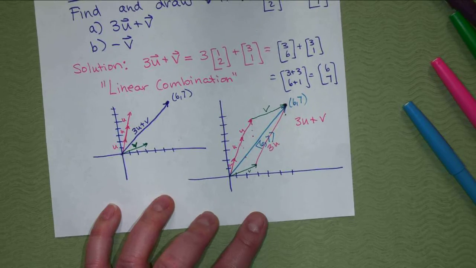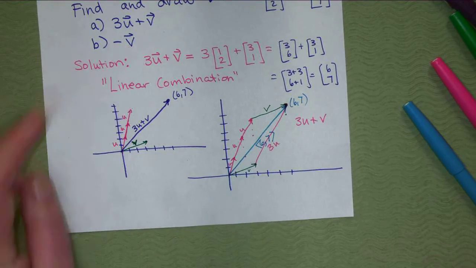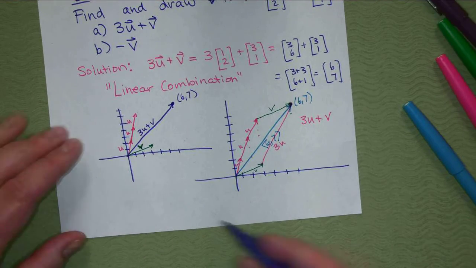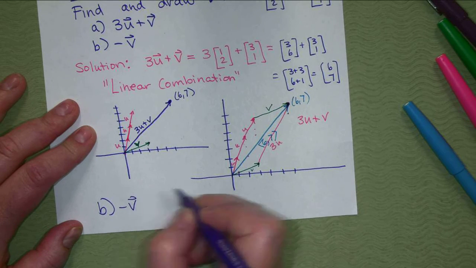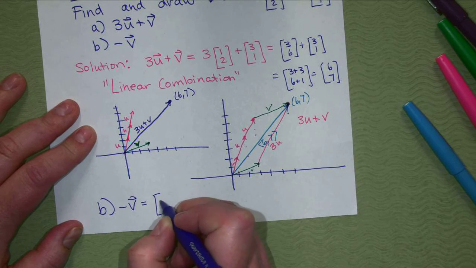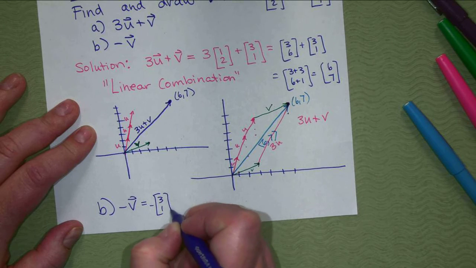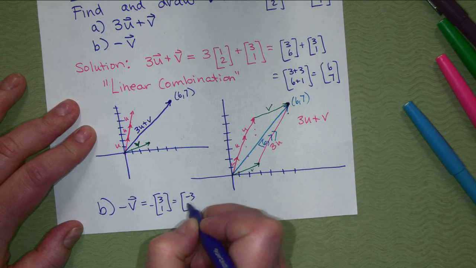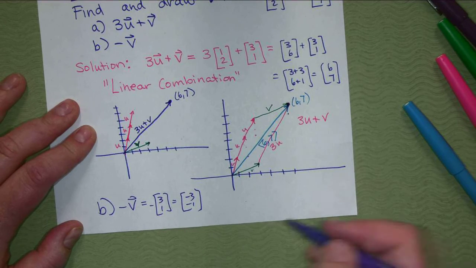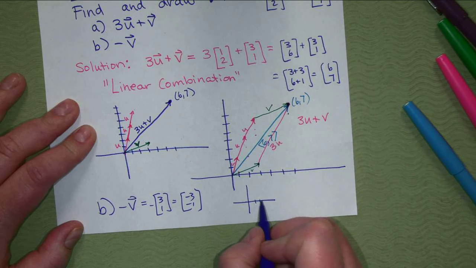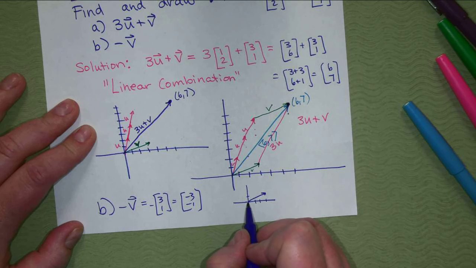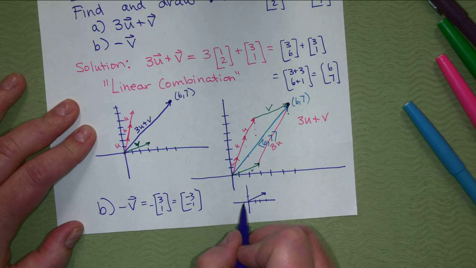All right, and what does minus v look like? We actually did it already, but I just wanted to. So that's minus times (3, 1), which is (minus 3, minus 1). So if we were to draw v and minus v, yeah, that's right, (minus 3, minus 1).